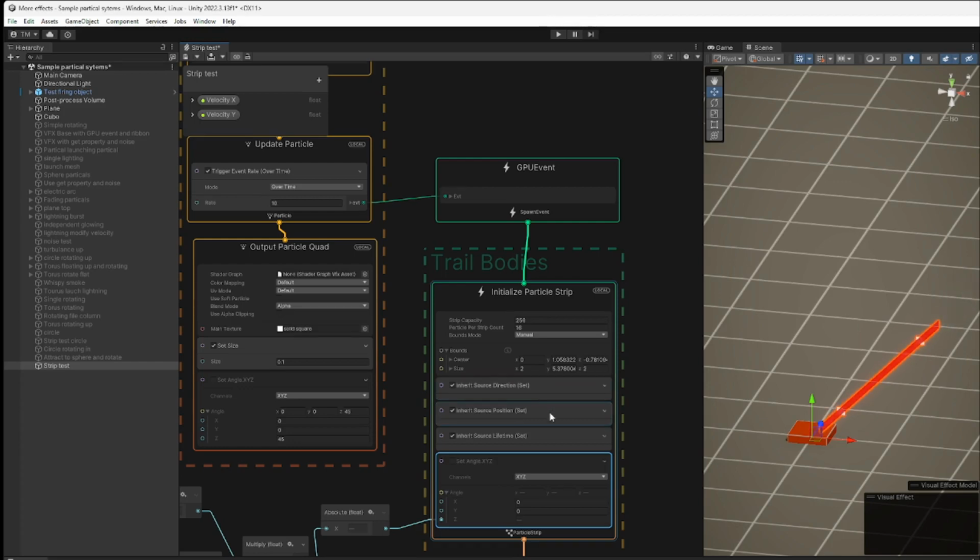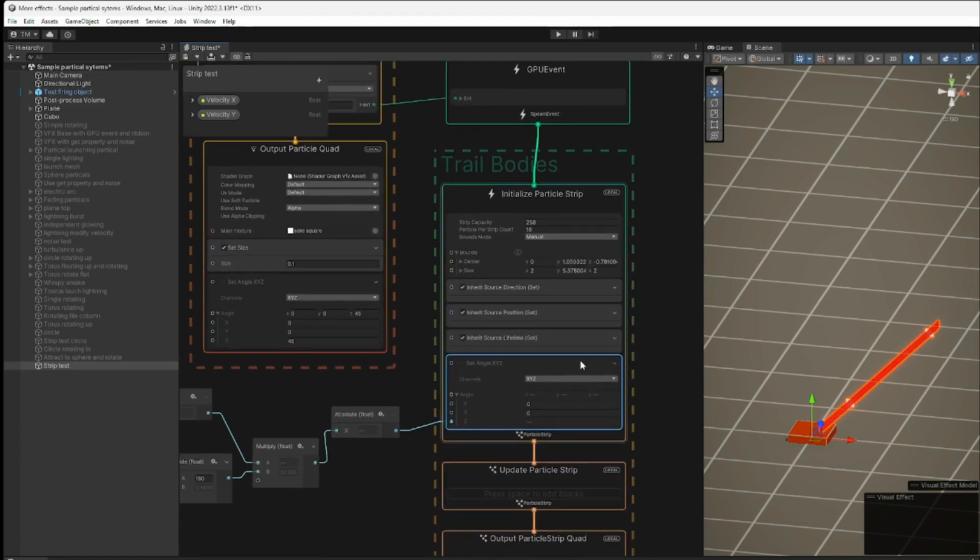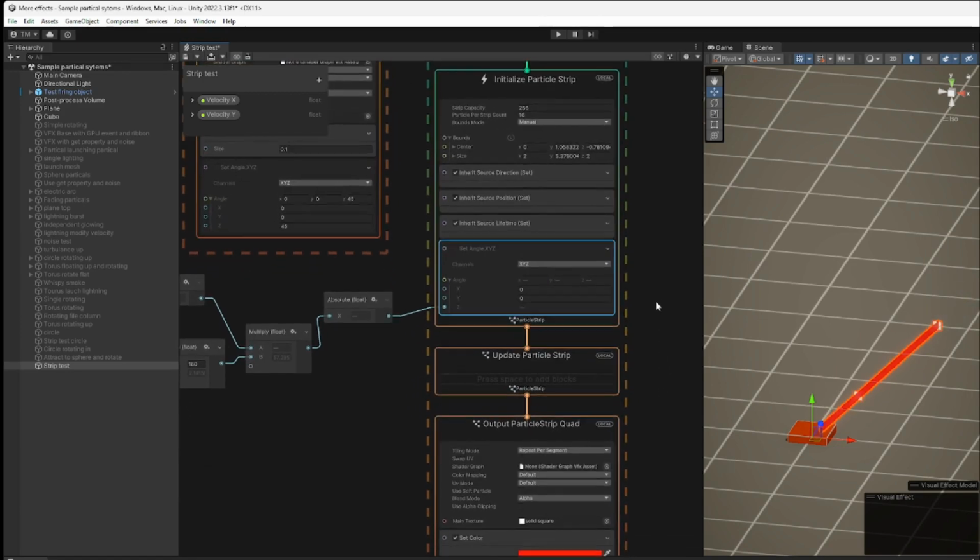Then I'm going to inherit the position, and you need to do that to make sure the particle strip is created right where the particle was when it was initiated. And I'm going to inherit the lifetime to make sure that once my particle ends, my particle strip ends. So that's pretty typical every time we make a trail.